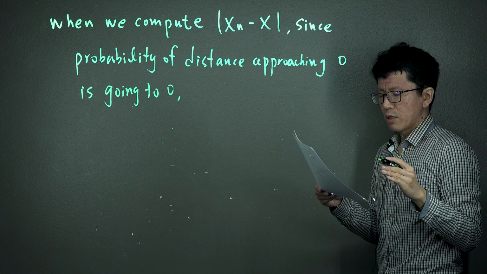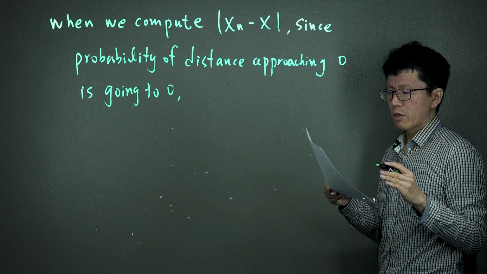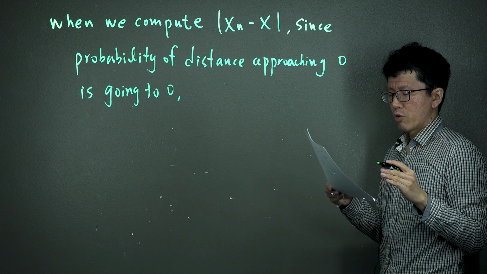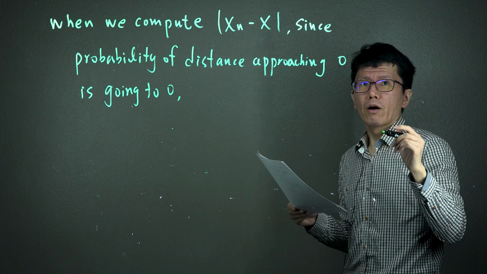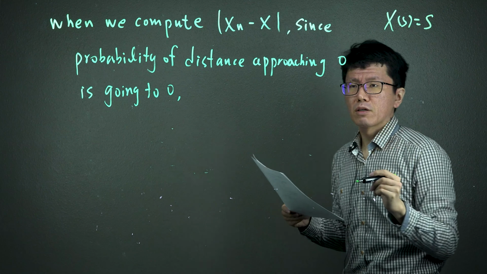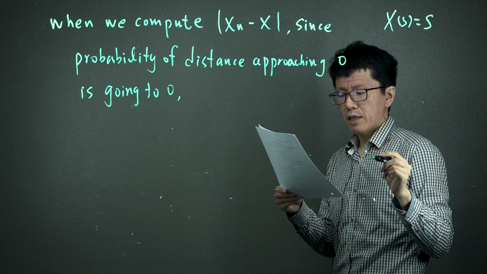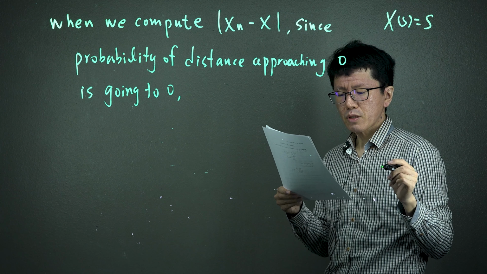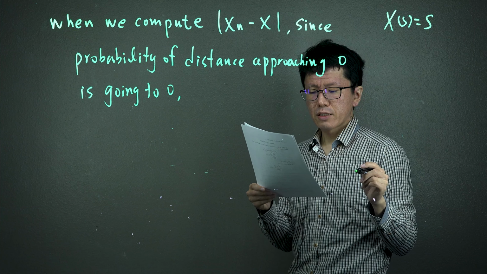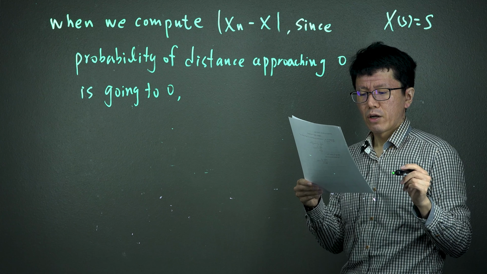So here the interval with respect to the indicator is shrinking, and when we compute, okay, X(s) is equal to s here. So when we compute this Xn minus X, we can cancel out this s.